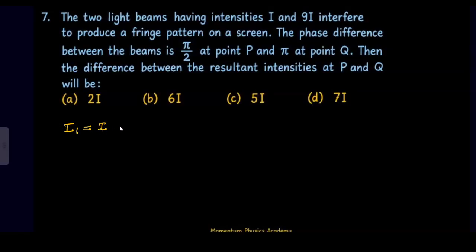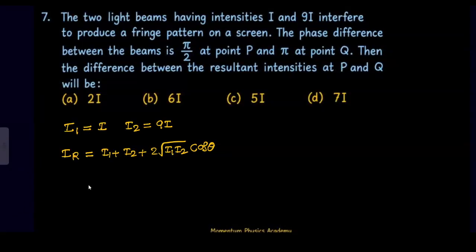I1 is I, and I2 is equal to 9I. The resultant intensity is I1 plus I2 plus 2 root I1 I2 into cos theta.